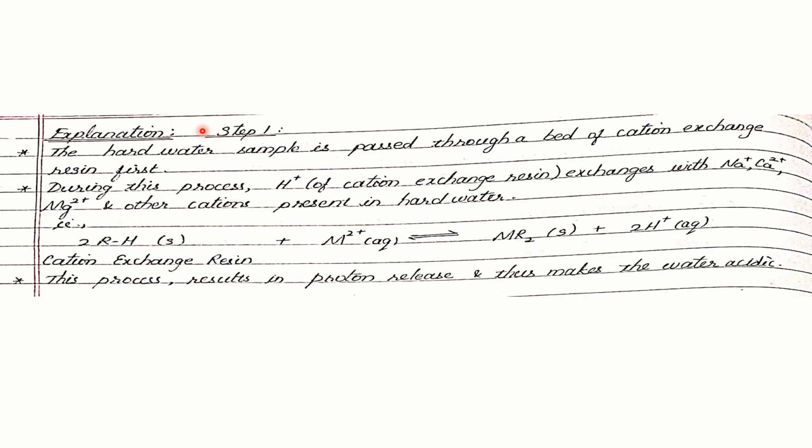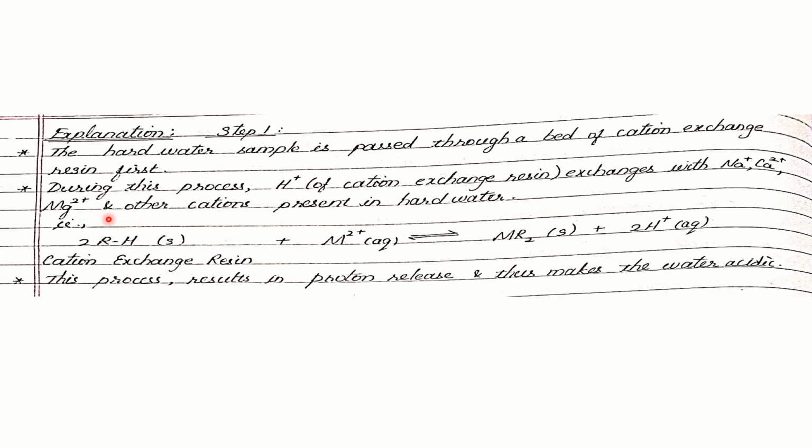In the first step, the hard water sample is passed through the cation exchange resin bed first. We know that the cation exchange resin bed exchanges its H+ ions, that is protons, with other cations like Na+, Ca2+, Mg2+ ions, and so on, which may be present in hard water.